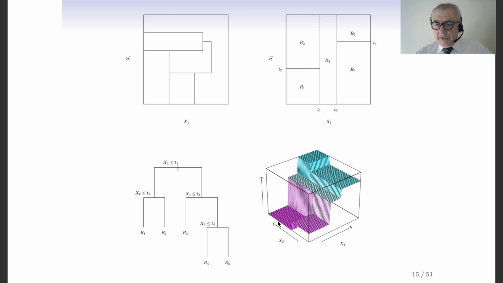So maybe this is the average of the observations falling in R2. This is the average of those falling in R1. This is the average of those falling in R3, and this is the average of those in R4, and this is the average of those in R5.